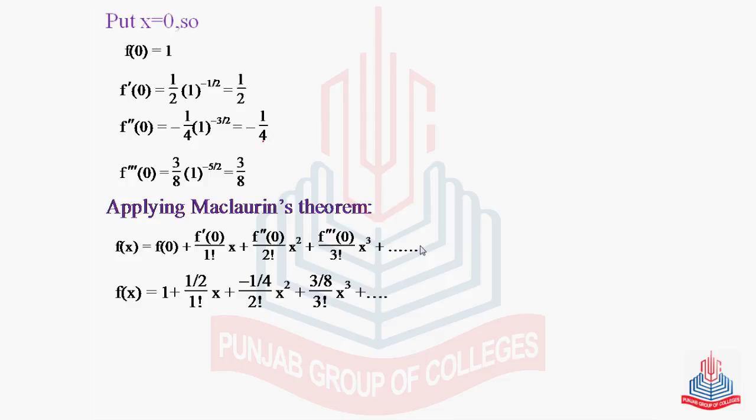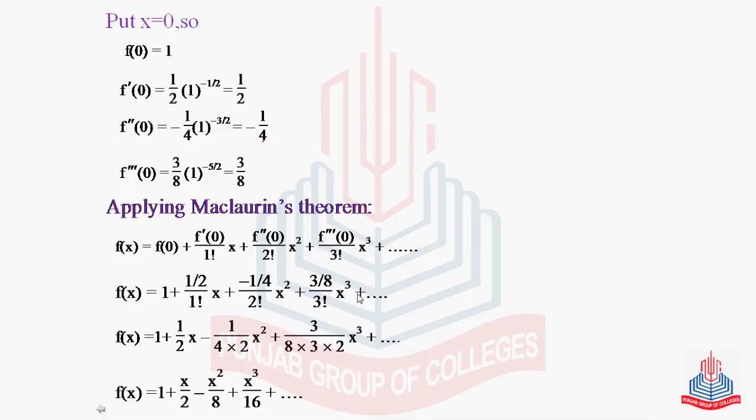Just putting the values, f of 0 is 1, f prime of 0 is 1 by 2, 1 factorial into x, the double derivative is minus 1 by 4, 2 factorial x square, third derivative 3 by 8, 3 factorial and x cube. So by simplifying, that will become f of x is equal to 1 plus x by 2 minus x square by 8 plus x cube by 16, which is our required result. And on the left hand side, we can mention that this one is square root of 1 plus x. So that leads to the required proof.